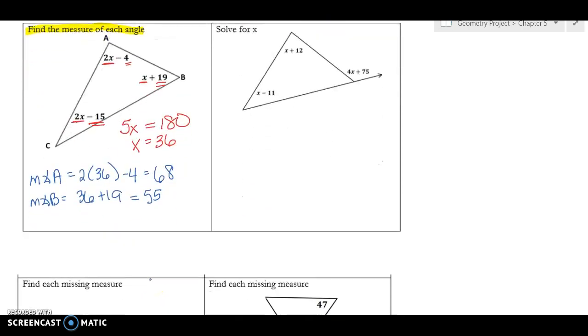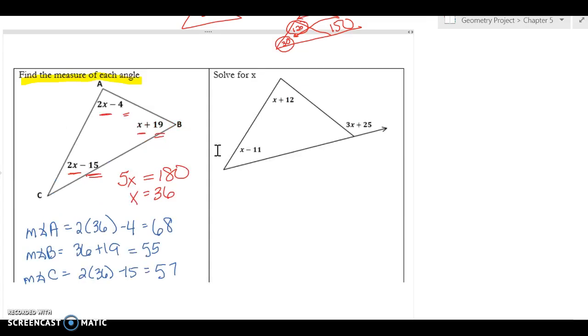The measure of angle C is going to be 2 times x, so 2 times 36 minus 15. And that gives me 57. Now a good way to check in the end, if you've done it right, is if you add up 68, 55, and 57, and since they add up to 180, we did the problem correctly.